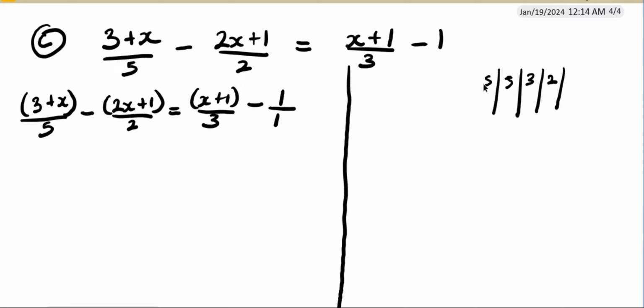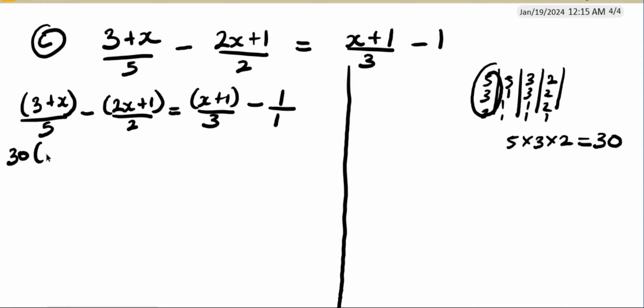So this will give me 5 here, 1; 3, 2, 3 here, 1; 1, 2, 2 here, 1, 1. So the product of it is going to give us our LCM, which is 5 times 3 times 2. That will give us 30. So 30 is our LCM. So that 30 is what we are going to use to multiply each of these expressions. So let's do that.